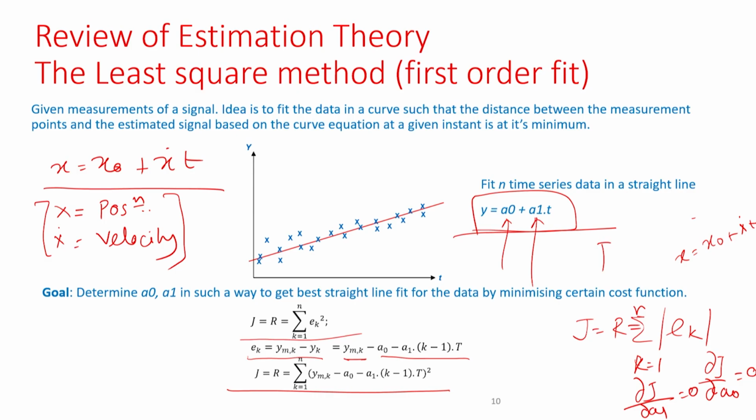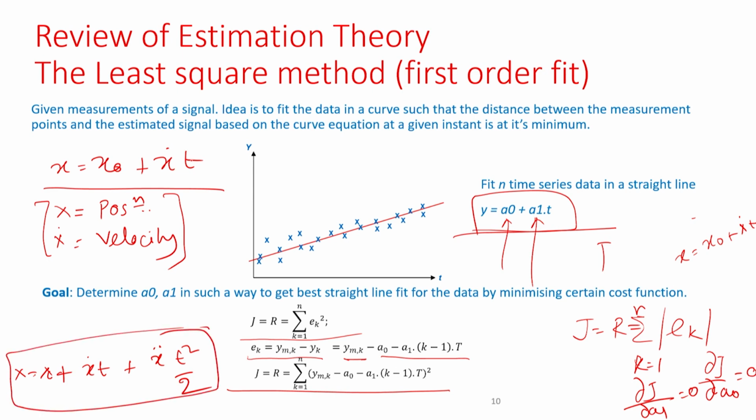When I go for a second order fit, acceleration also comes into account. So, in a second order fit, how will the equation be? x equal to x0 plus x dot t plus x double dot t square by 2. So, how many states?